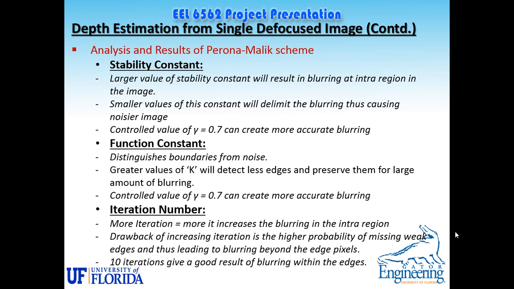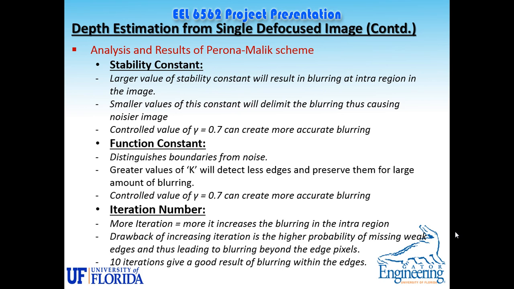Greater values of k actually distinguish boundaries from noise, and greater values of k will detect fewer edges and preserve them for a large amount of blurring. A control value of k equals 40 can create more accurate blurring. Iteration number is also important. More iterations increase the blurring in the intra-region.